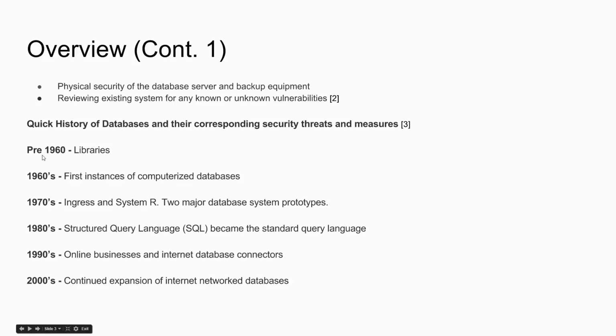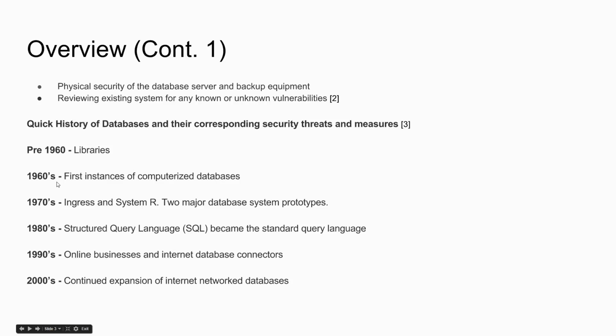If they were a top secret government library, it again goes back to physical security. Nobody could just walk in off the street and access this important information that the government was holding in these libraries. There's always been a form of security related to information, whether it's with a library or now with computers, as we'll get into through these years.